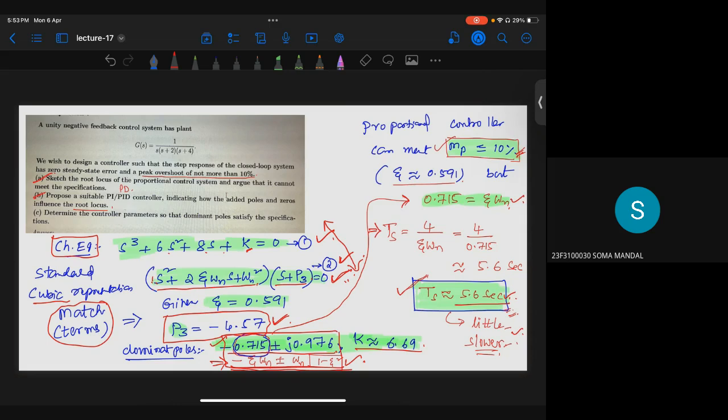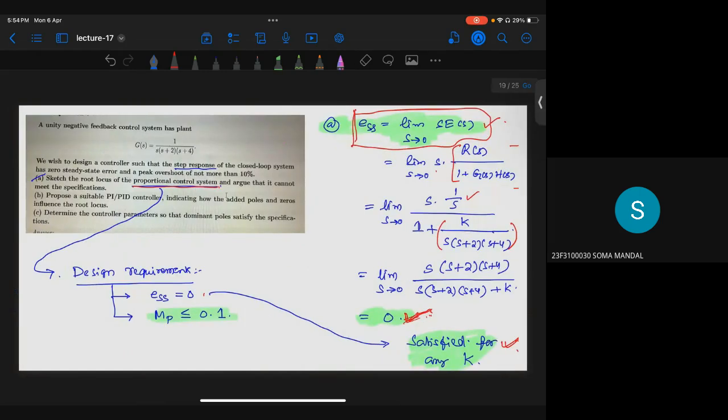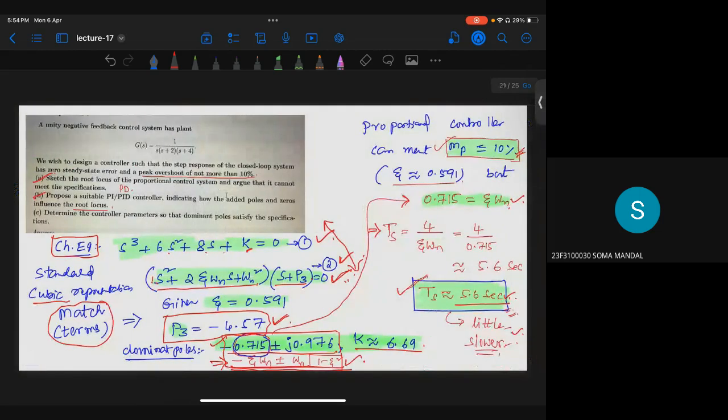Here, what we saw finally: initially for any K, we are able to meet steady state error. To meet this, we need zeta of this much. For this zeta, we are getting a settling time of 5.6.